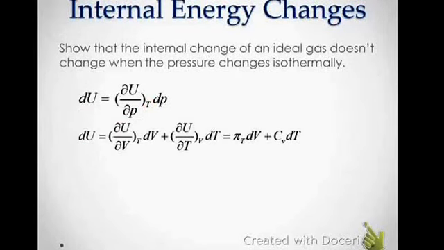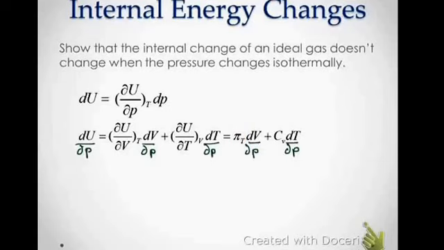If we go back to the fundamental equations from earlier videos for changes in internal energy with respect to volume, what we learned from that was that dU was equal to the internal pressure pi sub T times dV plus Cv dT, Cv being the constant volume heat capacity.